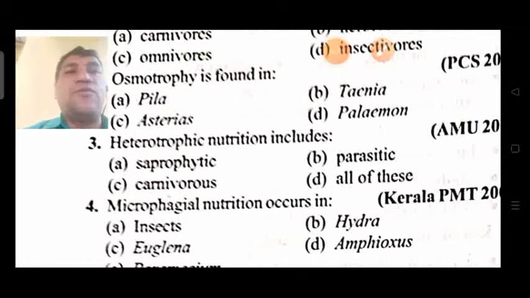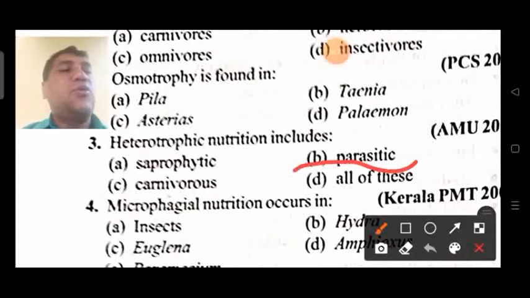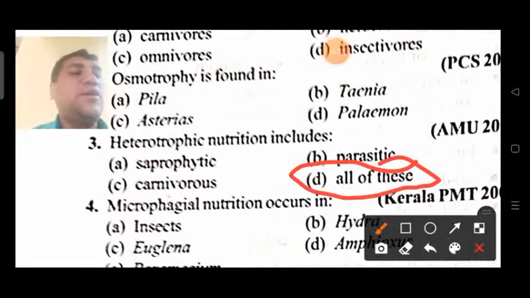Generally we see saprophytic, living on dead and decaying matter; carnivorous, feeding on other animals; and parasitic, taking ready-made available food from different organisms. So all of these depend on others and undergo the heterotrophic mode of nutrition. Heterotrophic nutrition consists of saprophytic, parasitic, carnivorous, and so on.